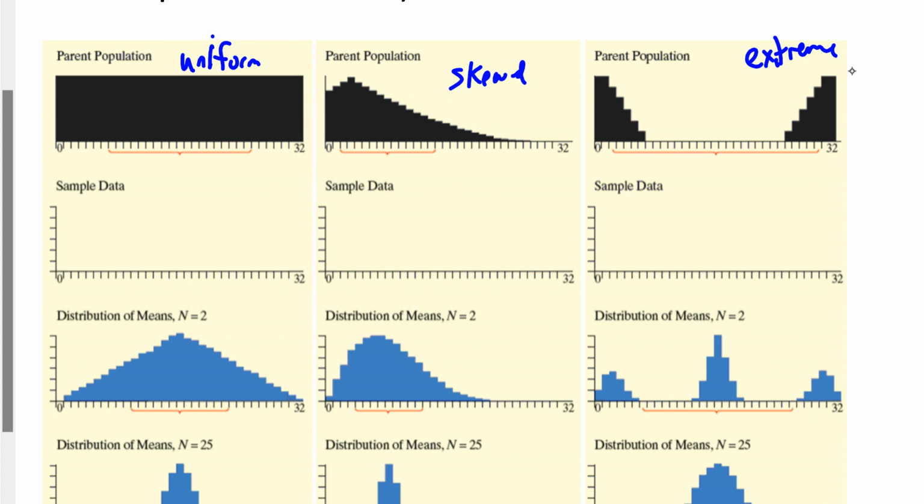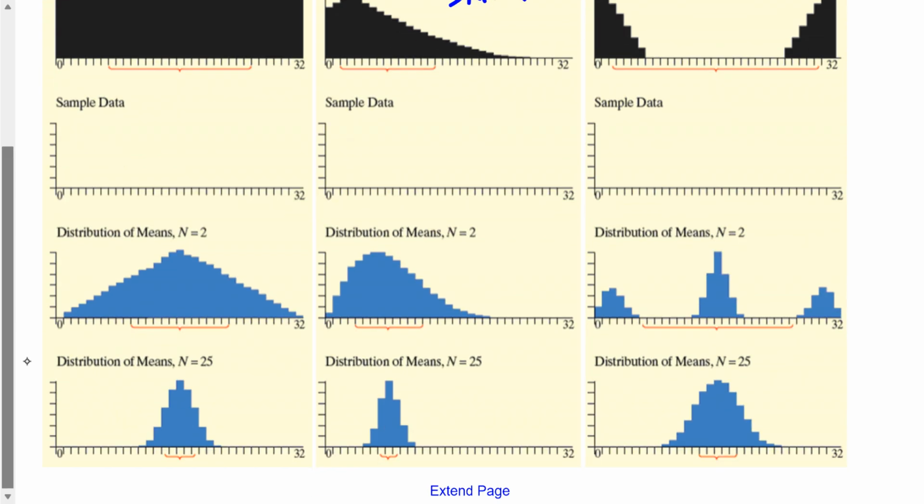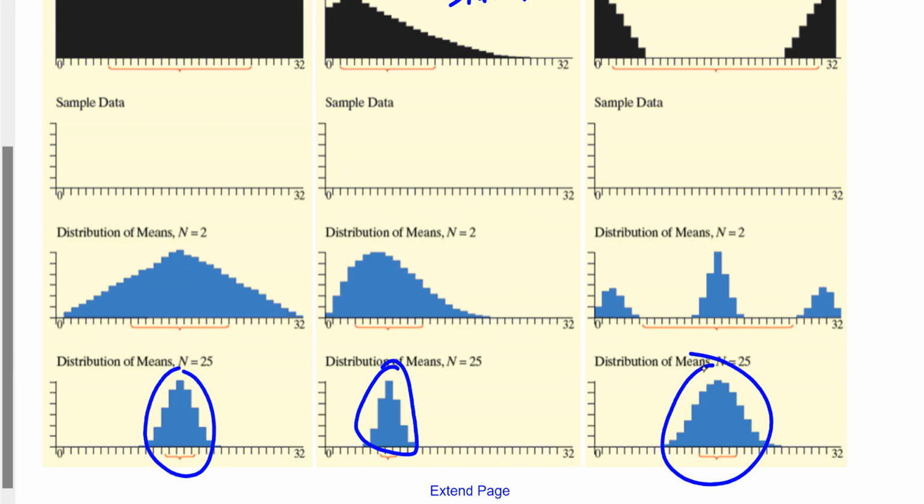Your sample data could be anywhere, but your distribution of the means is going to gather around the true center because you're going to have multiple samples. It might look like this, but if you increase the n, it's really going to shrink down that variability, really honing in on the true middles.